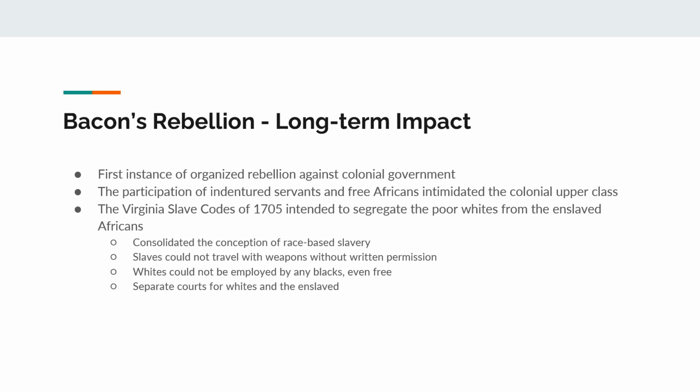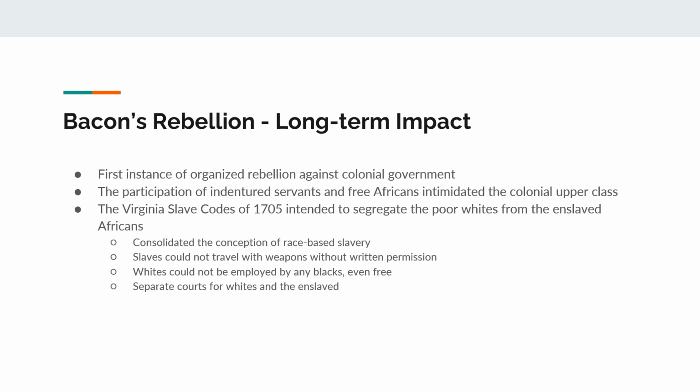So, as mentioned, this was the first instance of organized rebellion against the colonial government. But something you really need to take away from it in terms of long-term impact is this involved a really disparate group of people that included indentured servants who tended to be white Europeans and free Africans.